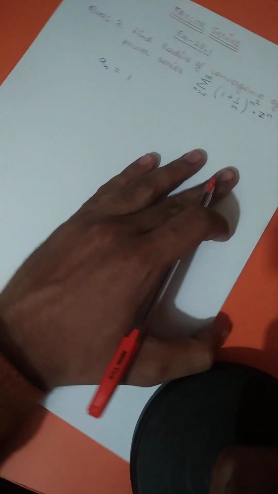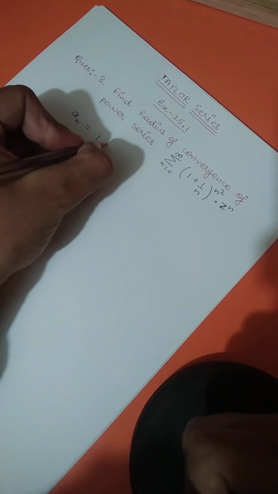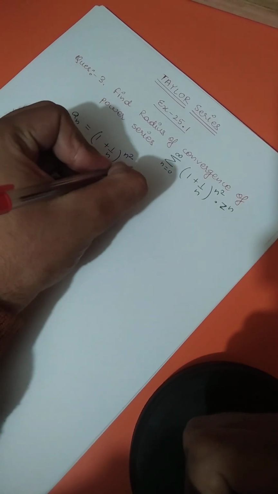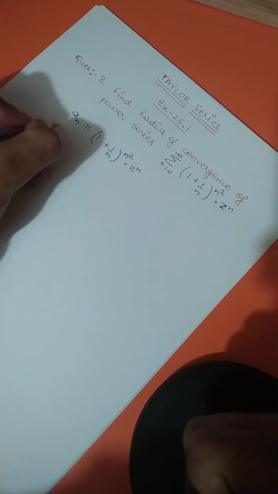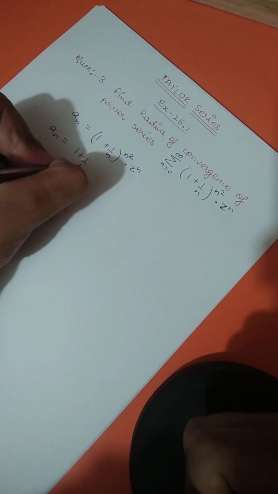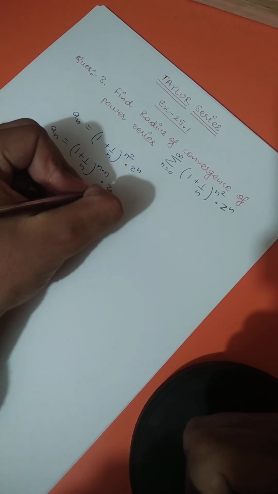Just give me a minute so that you can see properly. a_n we can write as (1 plus 1 by n) power n square into z power n. So from here I can write this term as a_n equals (1 plus 1 by n) power n square, and n square means n into n, with z power n.